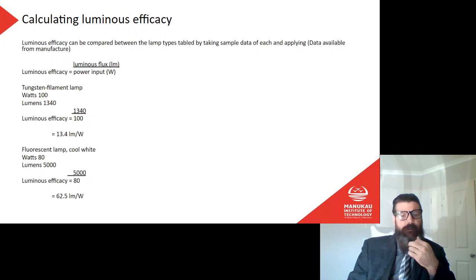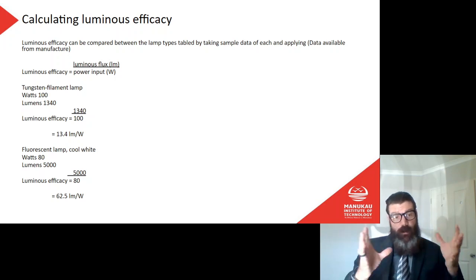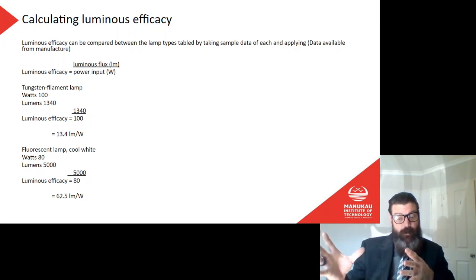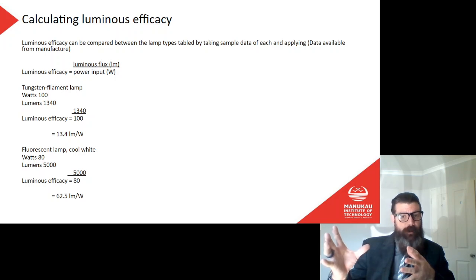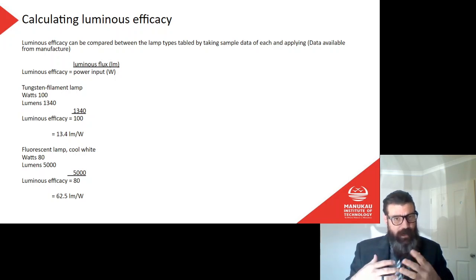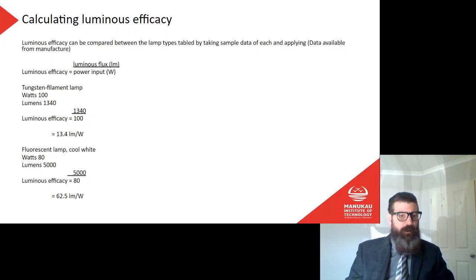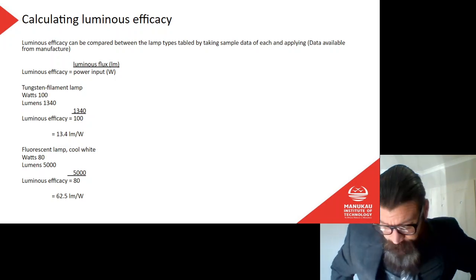So taking two different types of lights, we can look at the luminous flux that lamp would put out, and the wattage of that lamp, and work out what the luminous efficacy is. So if we look at that 100 watt tungsten filament, 1340 lumens divided by 100 watts gives us a figure of 13.4 lumens per watt.